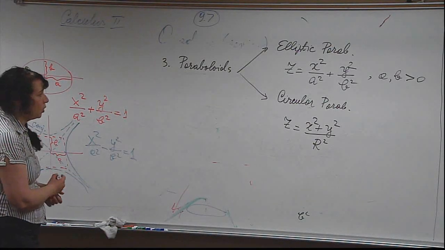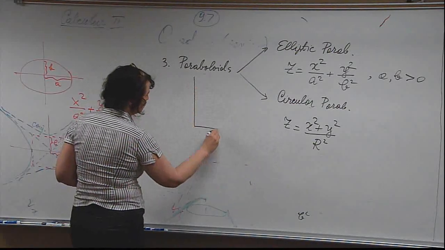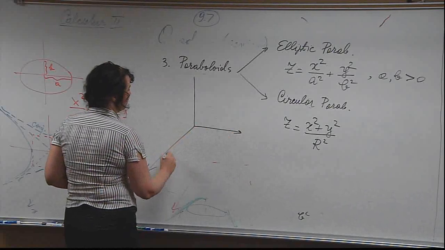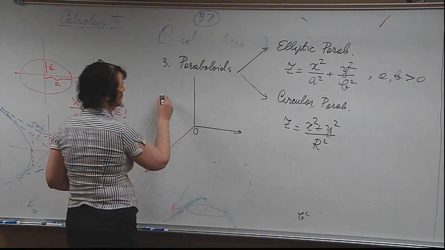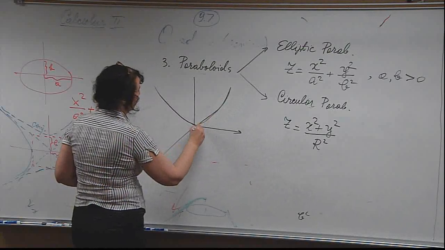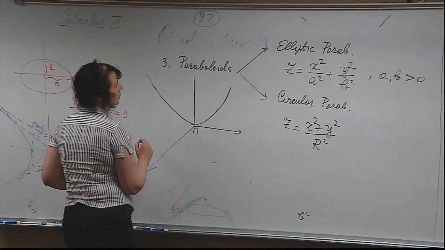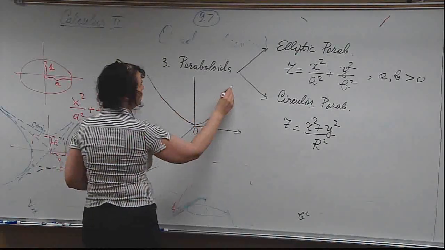Can I draw? Hopefully, I can draw. It looks like a valley whose minimum is at the origin. I'm going to draw so that the intersection with the horizontal plane will be visible to you.